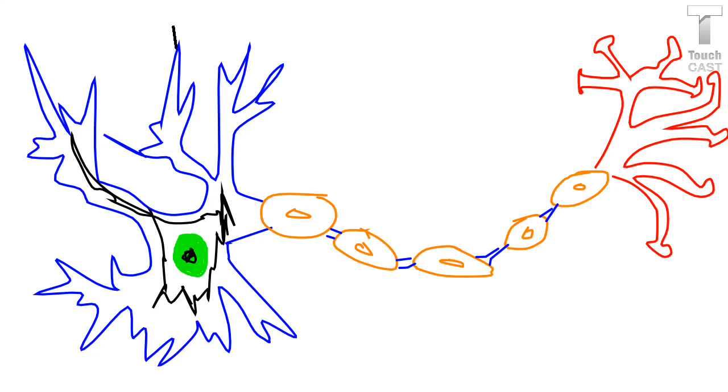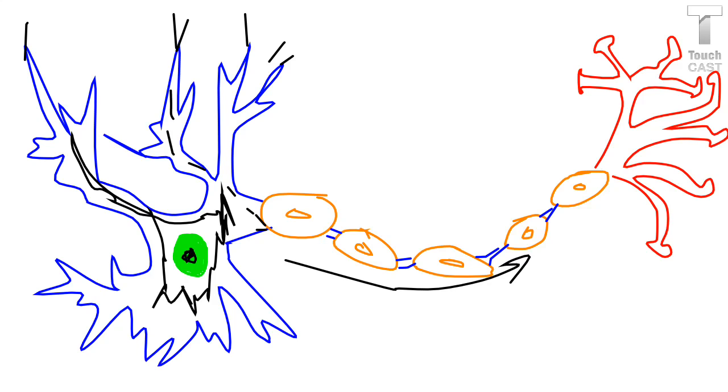Out here, all these little pointy bits are dendrites, and what they do is they receive the message from other terminal branches of other motor neurons, which then get passed down through the cell body, past the cell body, and into what's known as the axon, this big branch over here, the blue branch that continues all the way down this way.